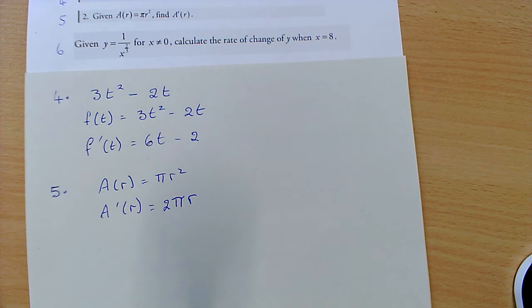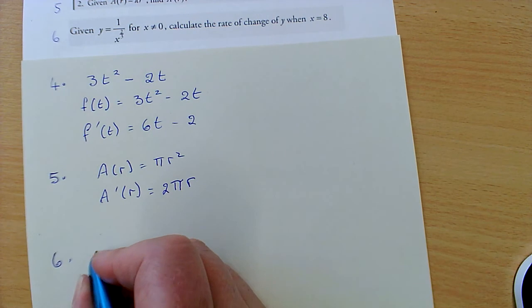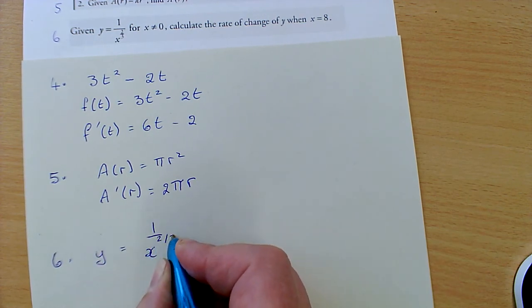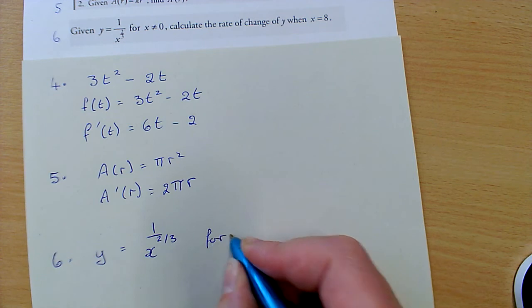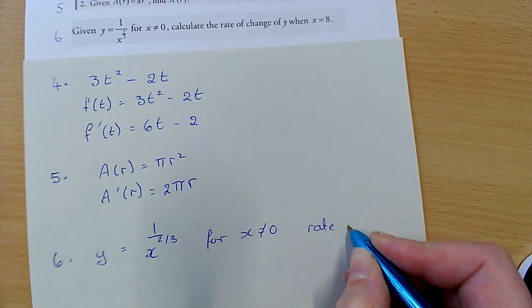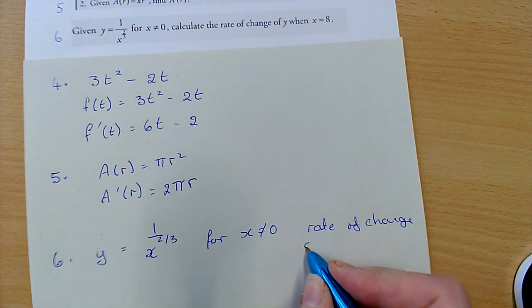Rate of change, it's just telling you to differentiate again. So we've got, given that y equals 1 over x to the 2/3 for x not equal to 0, we're going to find the rate of change at x equals 8.